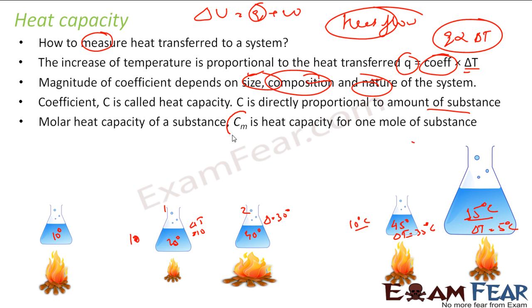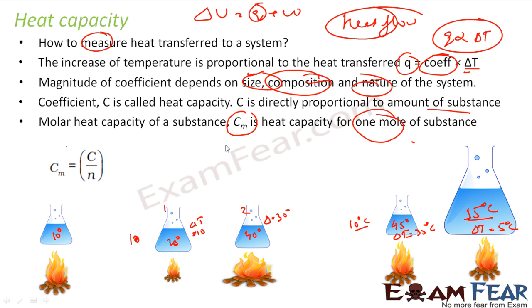There is a new term called molar heat capacity that was introduced. That is nothing but the heat capacity for 1 mole. Since heat capacity depends on the quantity, it is an extensive property. For example, temperature is intensive; it doesn't depend on the quantity. So we don't have something called molar temperature. You take any sample from the system, it will have the same temperature.